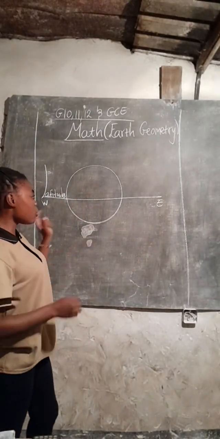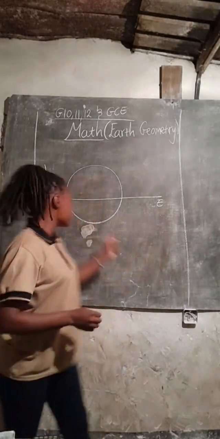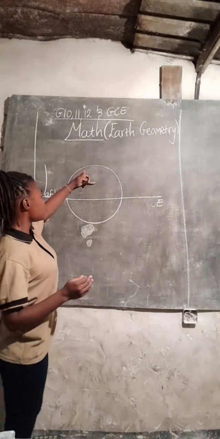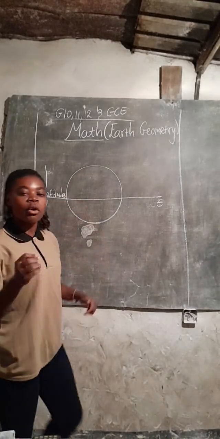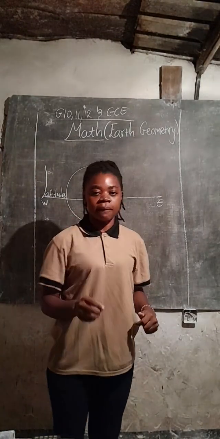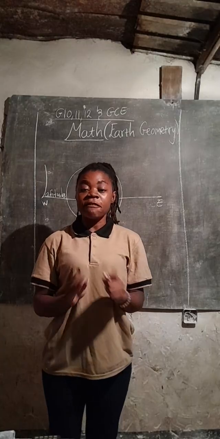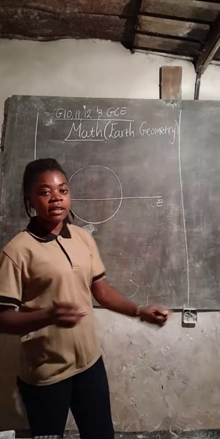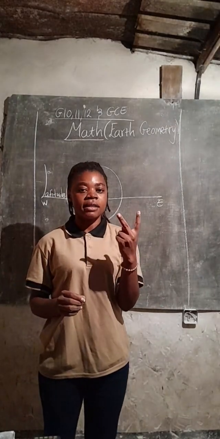And when you look at this figure that I've drawn here, this line that is dividing the earth into two equal parts, we call it the equator. And so the equator is the first line that I've drawn there, and it is dividing the surface of the earth into two equal parts.